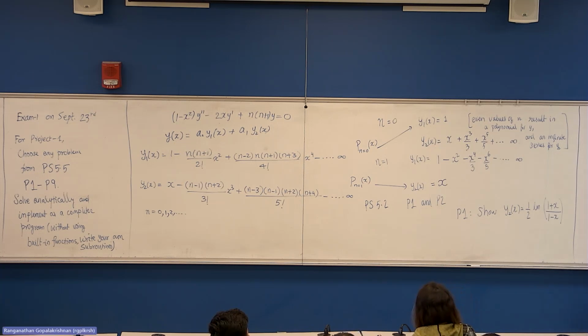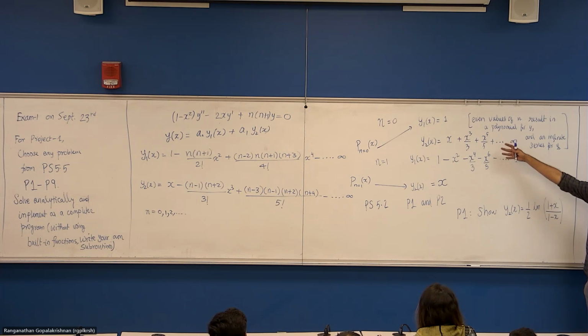This factor appears in the second problem also. So why don't we start with this and try to reduce this to an infinite series, which we can directly identify with y2. Okay.